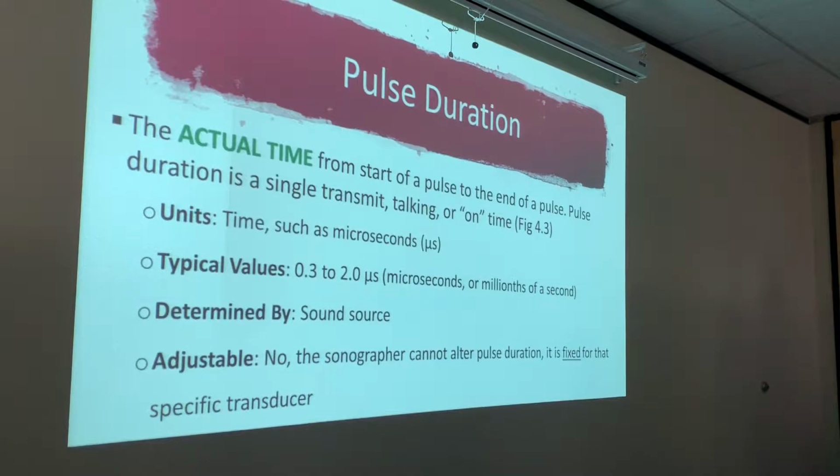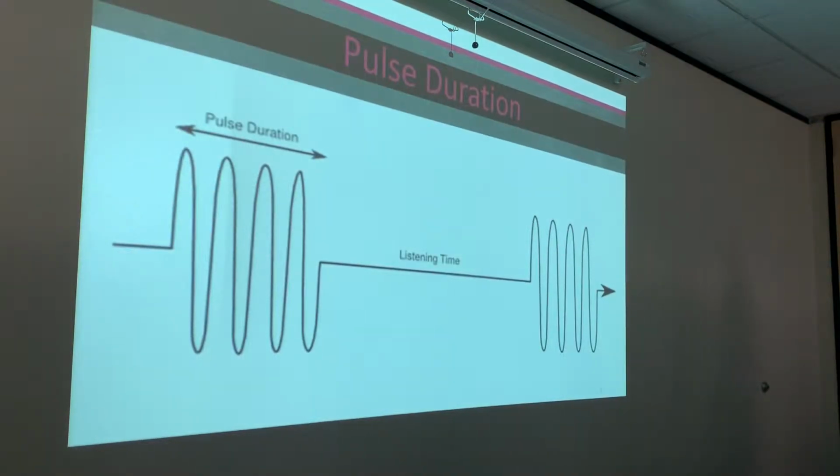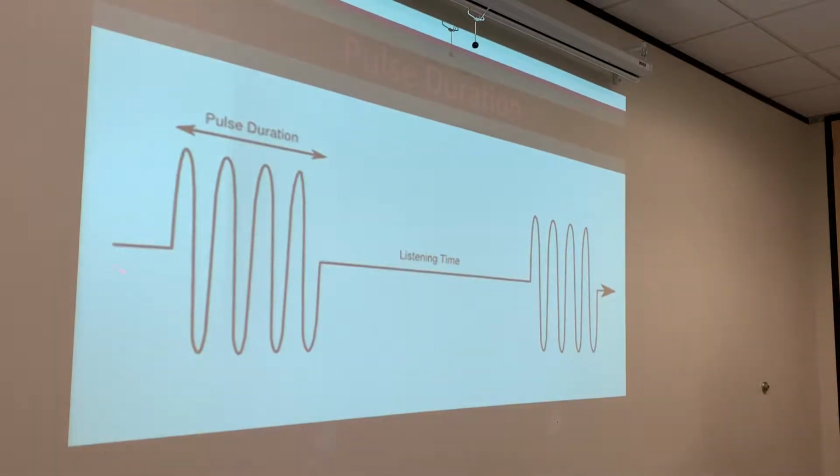Example right here, guys. Pulse duration is only during talking time. The listening time is not considered pulse duration. Remember, pulse duration is the time from the beginning of the pulse to the end of the pulse. How many cycles are in this pulse right here? 4.